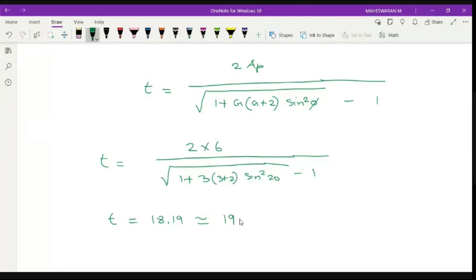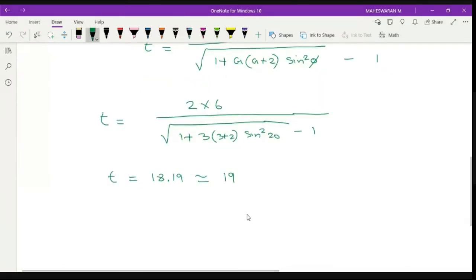So minimum is 19. Okay. So if I got this value, you know that capital T by small t is 3. So then what is capital T? Capital T is 19 into 3. Yeah. Sir, 57, sir. So it is 57.